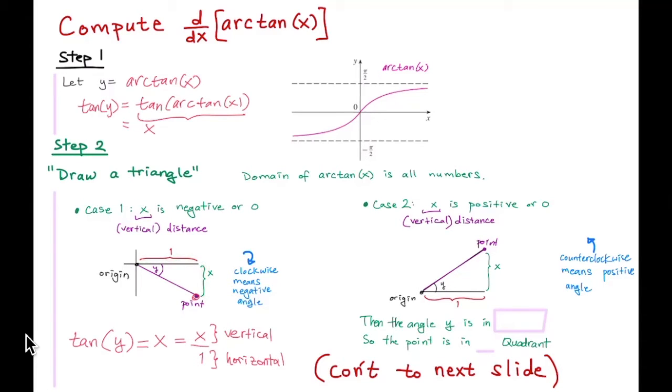And here, this is the case where x is negative or 0. And so my point is over here in the 4th quadrant. And I can also have a situation where my x is positive or 0. And so my point would be in the 1st quadrant.